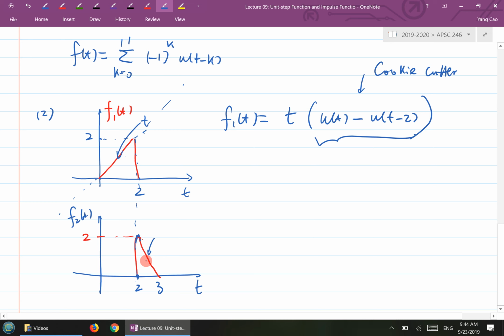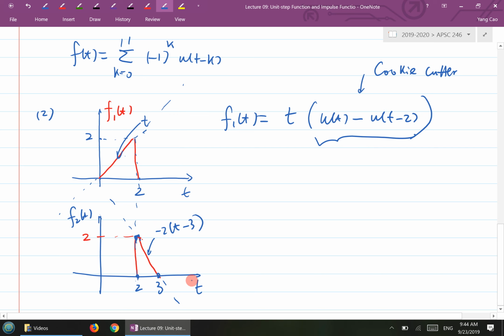This straight line itself, you can easily derive, is negative 2 bracket t minus 3. That's the straight line equation here, because it passes through the point 2, 2 and also the point 3, 0. And then it goes back to 0 after t greater than 3.